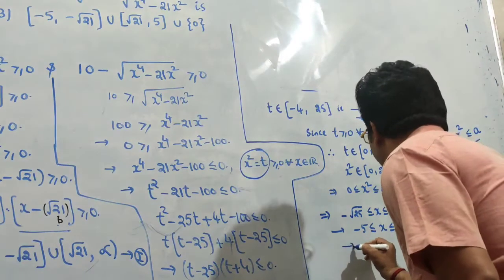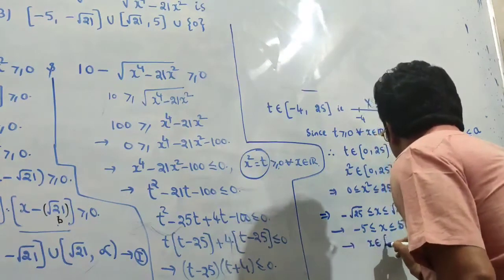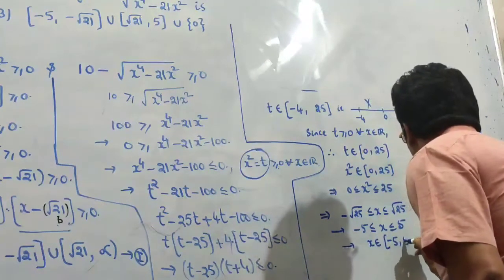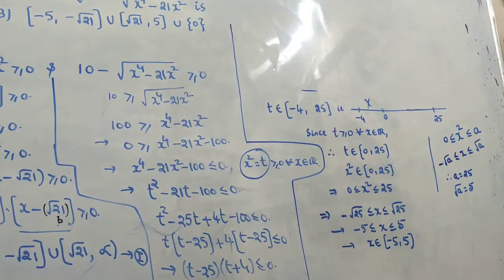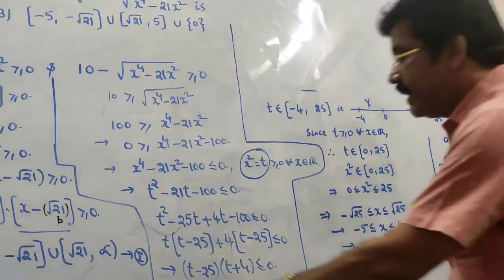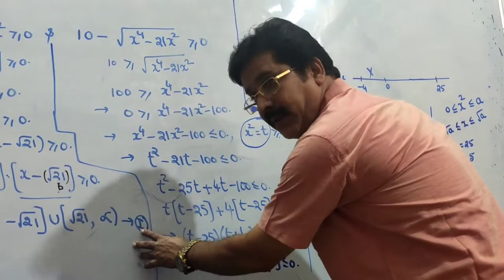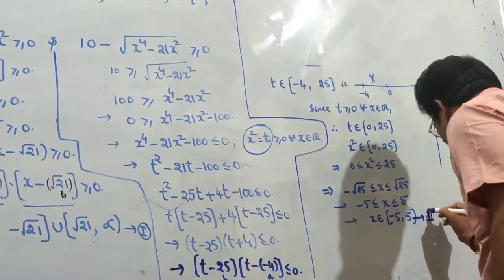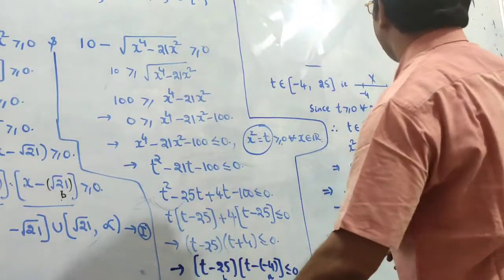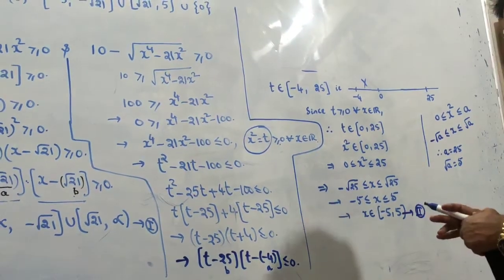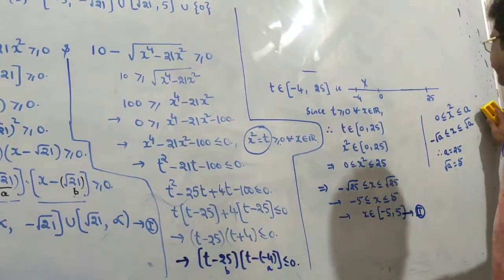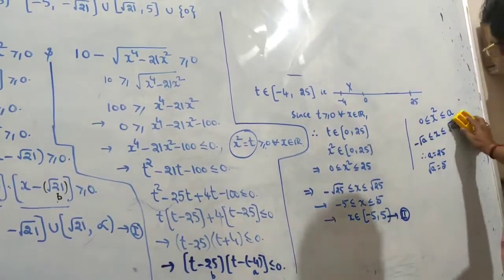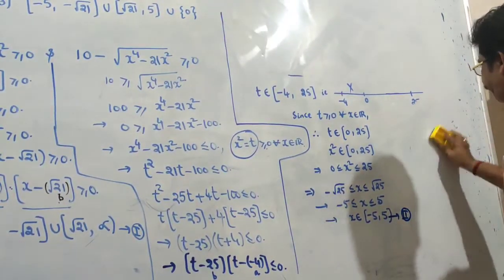So that implies x belongs to the closed interval of minus 5 comma 5. Okay, here we are having the Roman number 1 statement and it will be Roman number 2. Now we are going to find the combined solution of Roman number 1 and Roman number 2.